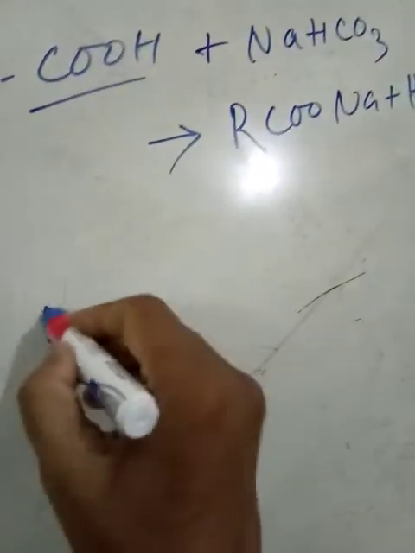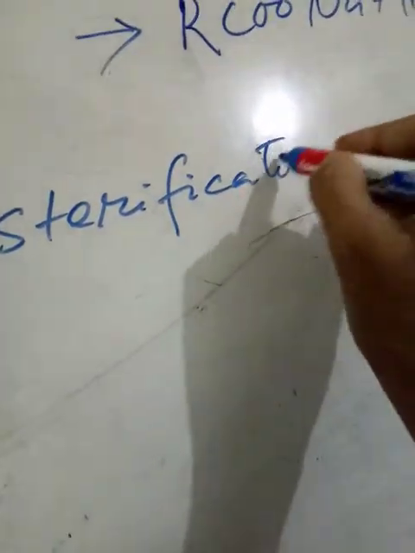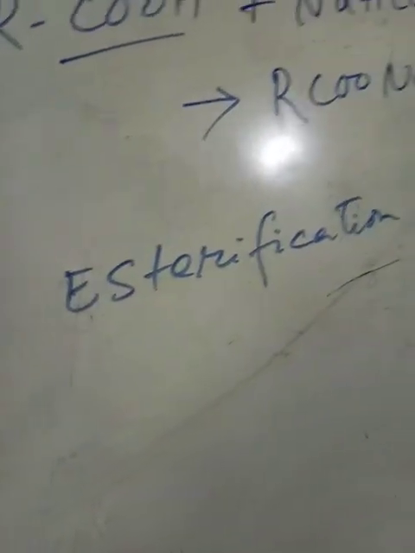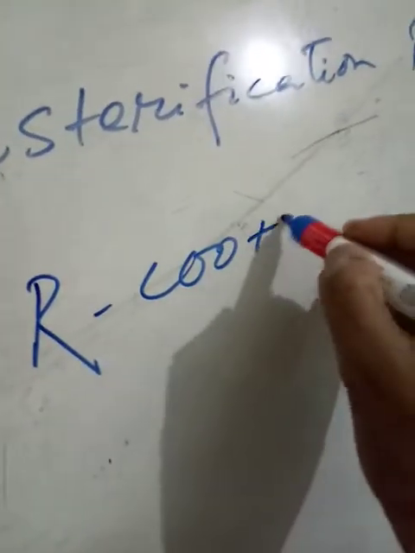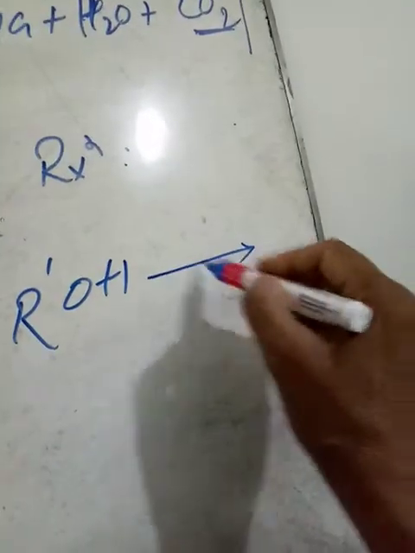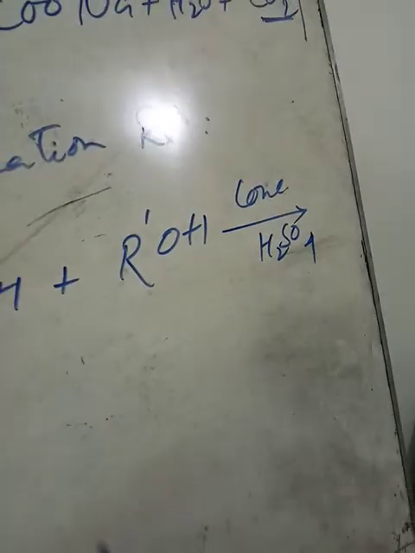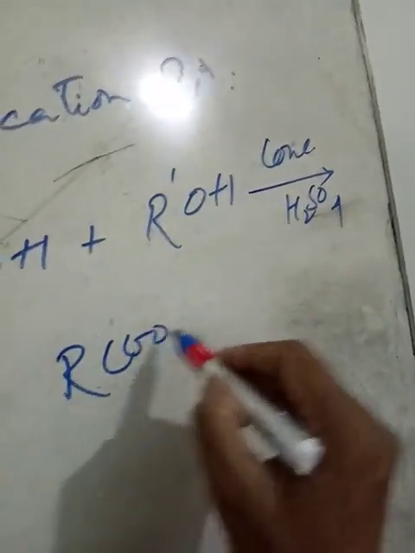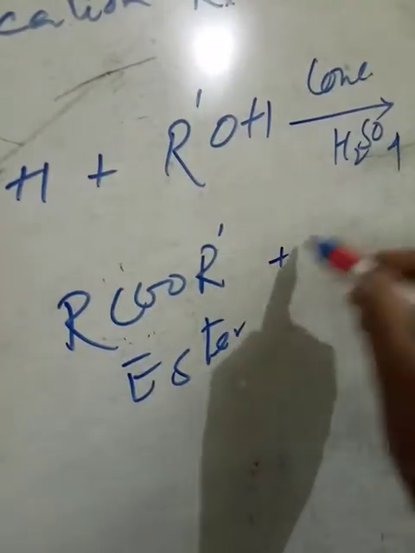Another test for acid is the esterification reaction. We have seen earlier in the properties of acids. If an acid is treated with an alcohol in presence of concentrated H2SO4 as dehydrating agent, then a sweet smelling compound, called ester, is formed plus water.